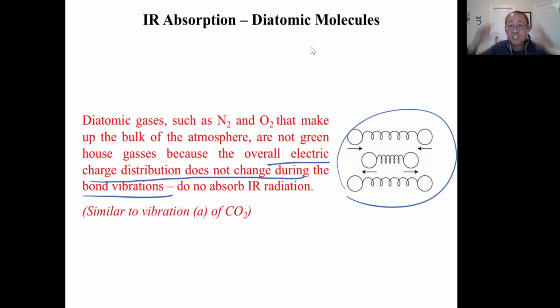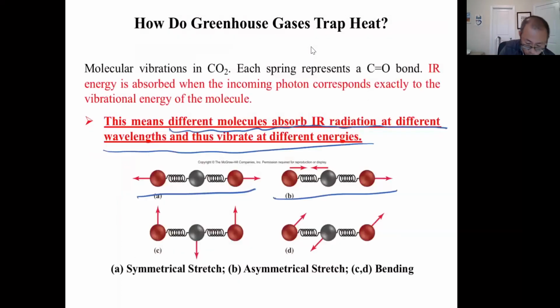And if it doesn't change, they are not IR absorbing. So diatomic molecules like nitrogen and oxygen do not absorb IR because the electric charge distribution does not change. Their vibration is very similar to symmetrical stretching of carbon dioxide, which does not contribute to IR absorption.